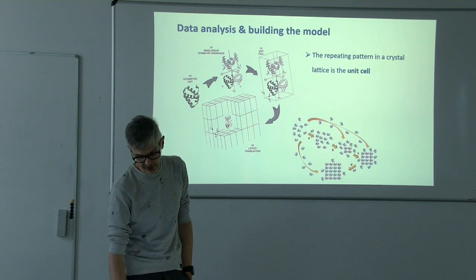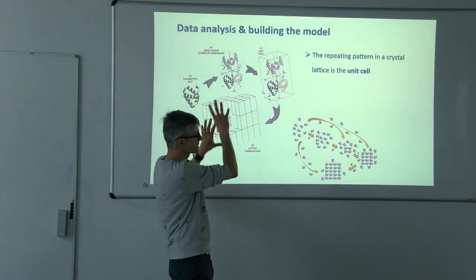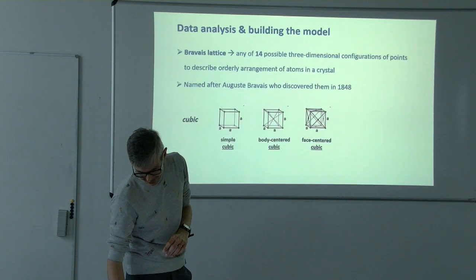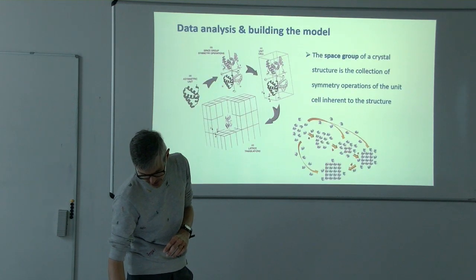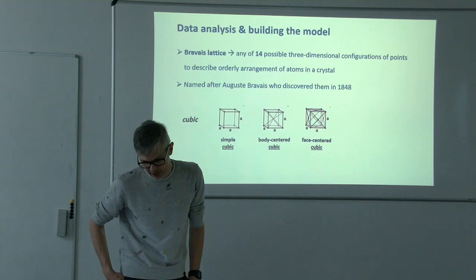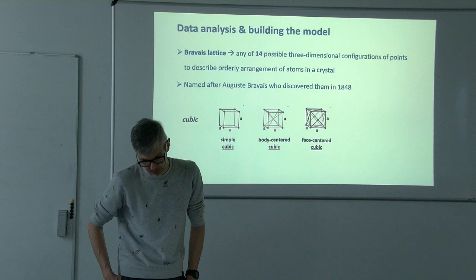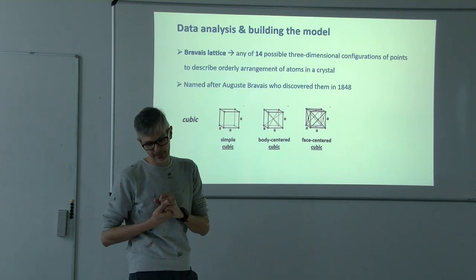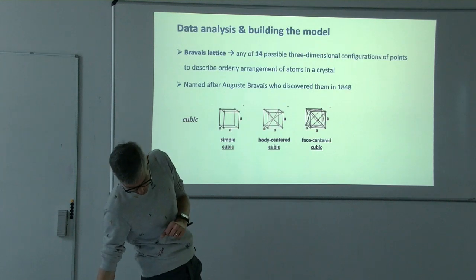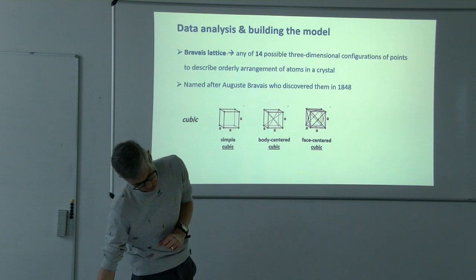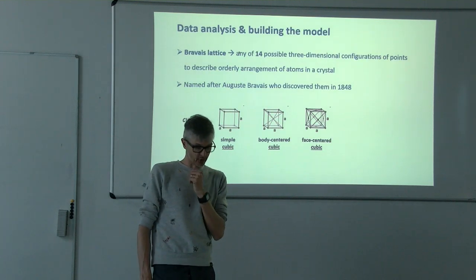You can have different ways how these crystals are formed, and they call that space groups. And the 14 possible 3D configurations of points that can have an orderly arrangement to build up a crystal are what we call Bravais lattices. There are 14 possible ones.